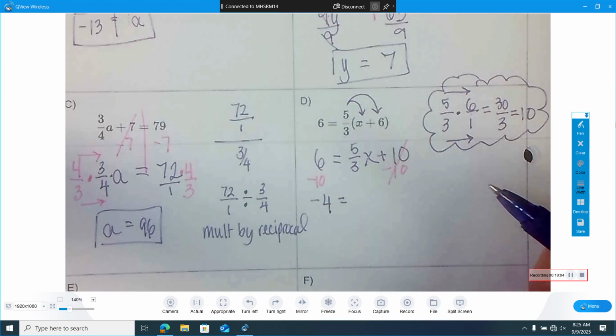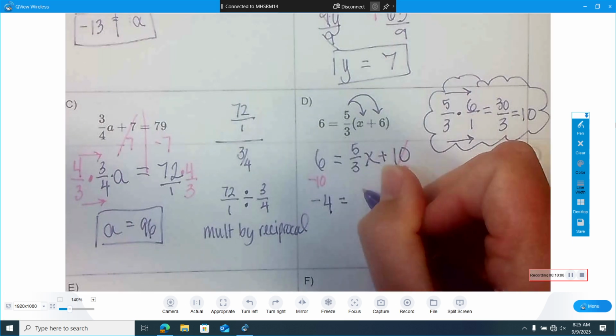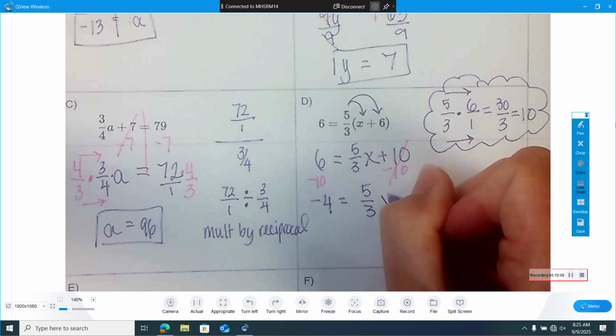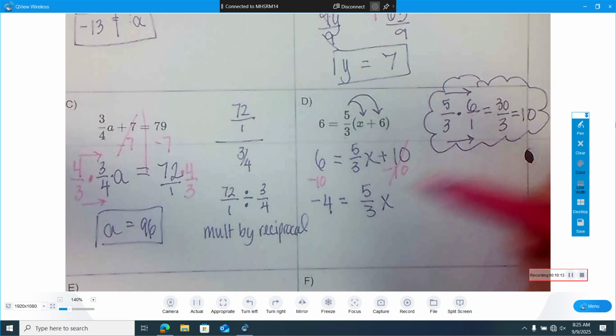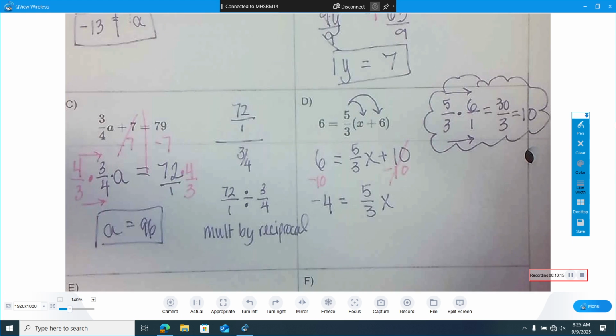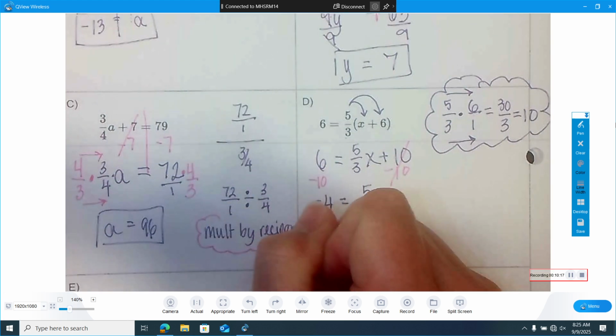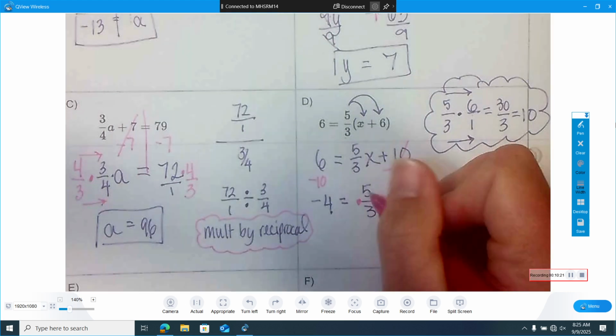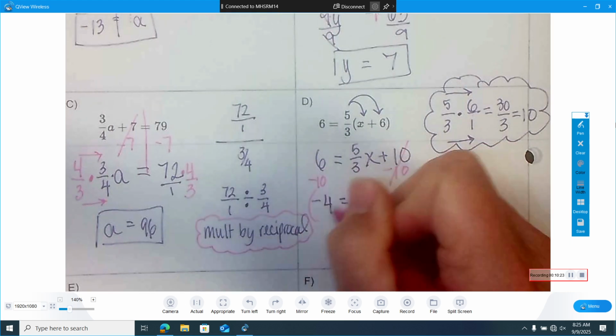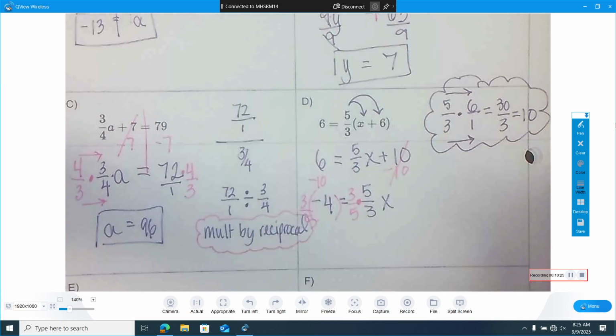Very good. All right, so we have -4 equals 5/3 of x. All right, how do I get that x by itself? Multiply by the reciprocal. So we're going to multiply by 3/5 on both sides.